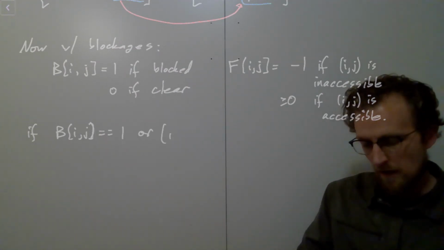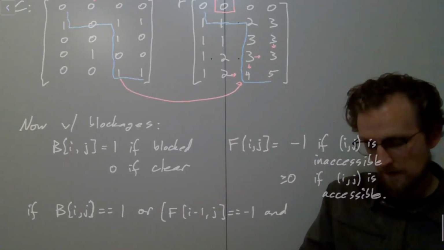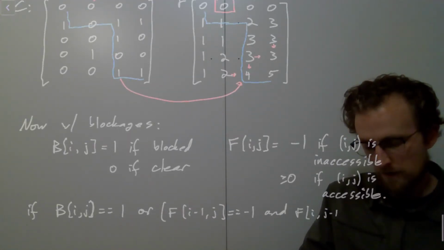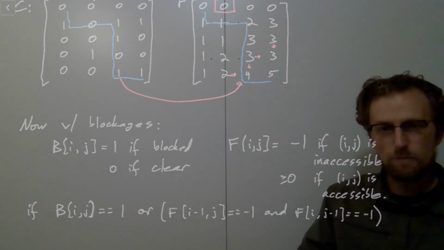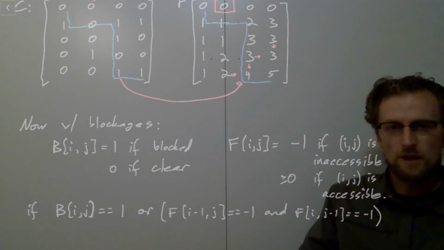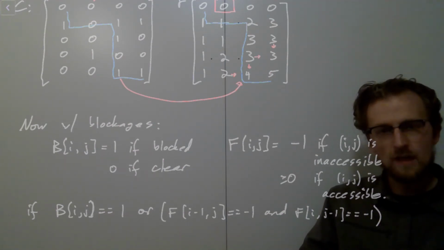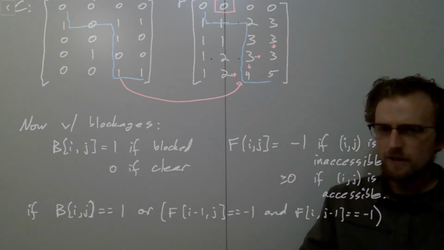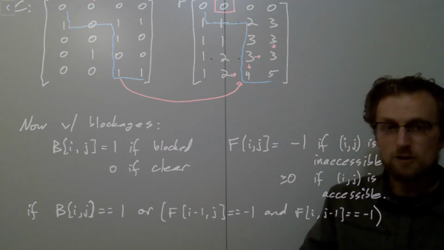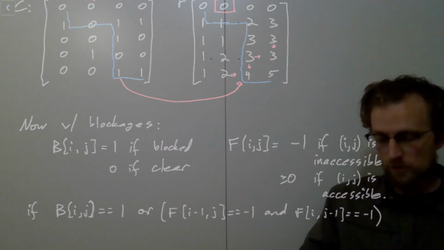So or f of i minus 1, j equals -1, and f of i, j minus 1 is -1. Okay, so the first part of our OR statement says this cell actually has a blockage in it. The second part says even if this cell doesn't have a blockage in it, I can't get to it because I can't get to above or to the left.